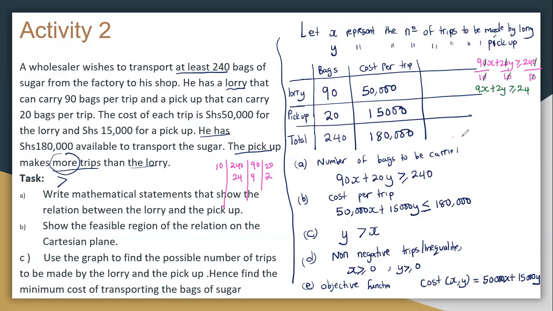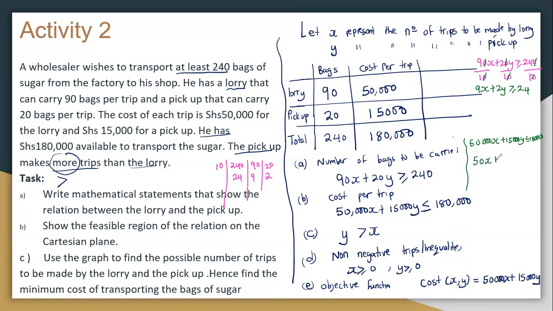Then come to the next one that you want to reduce. The next one is 50,000x plus 15,000y, less than or equal to 180,000. Here you notice that it has 3 zeros, 3 zeros, 3 zeros. So I can first divide by 3 zeros.